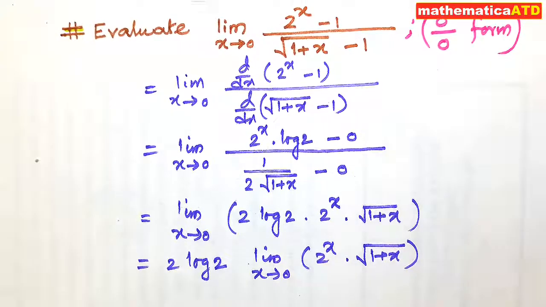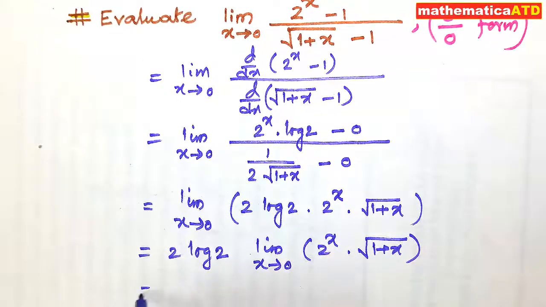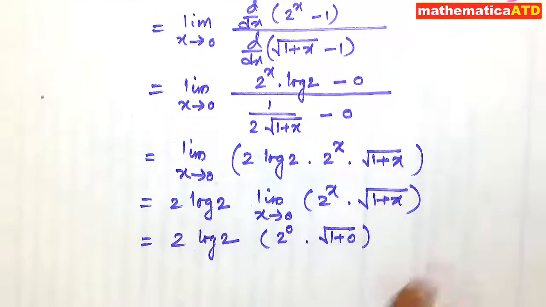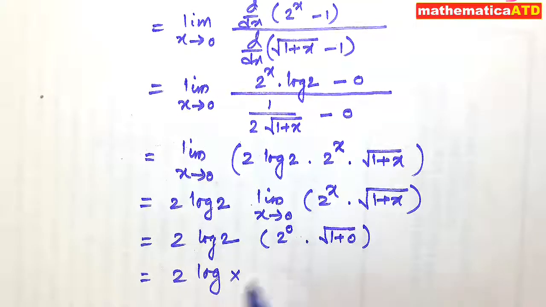So friends, we see that 2 log 2, and we have to apply limit x tends to 0, so it will be 2 to the power 0 into root over 1 plus 0. So we shall get 2 log 2 into 2 to the power 0 is equal to 1, and root over 1 is equal to 1.